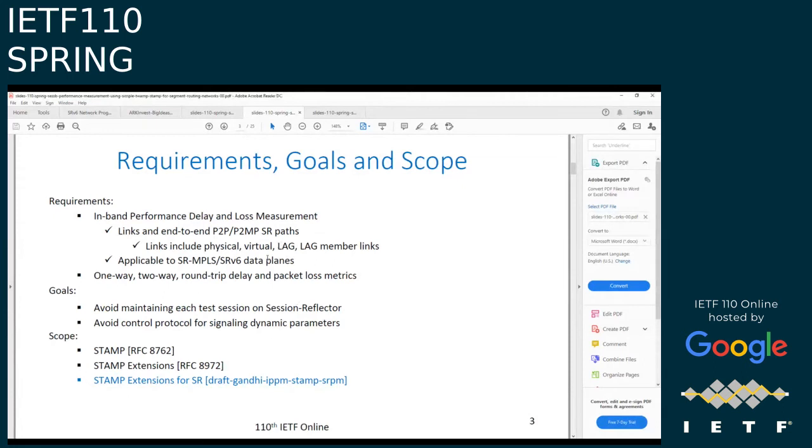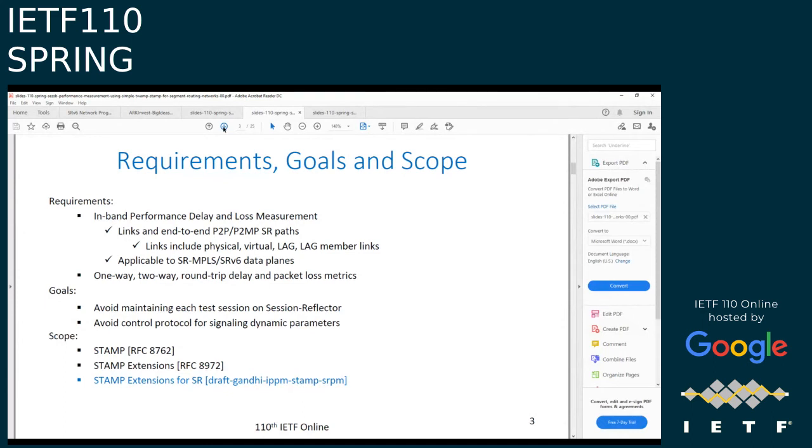There are 3 modes: one-way, two-way, and round-trip delay, as well as packet loss metrics computation. The goal, in the spirit of segment routing where the state is in the packet, is to avoid maintaining each test session on the session reflector and avoid a control protocol for signaling dynamic parameters.